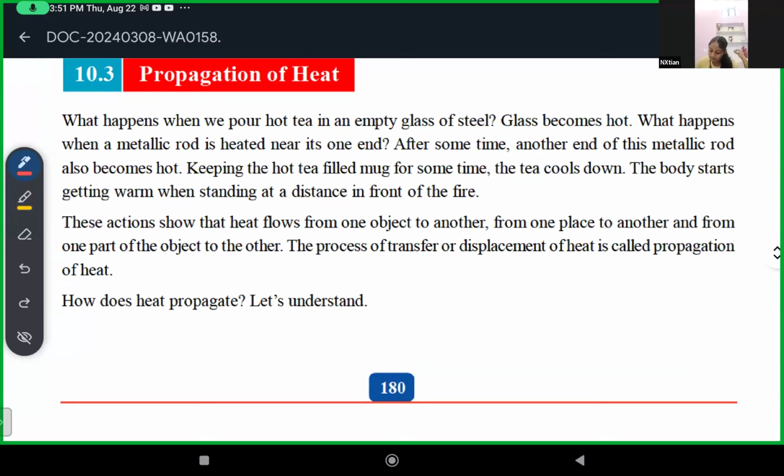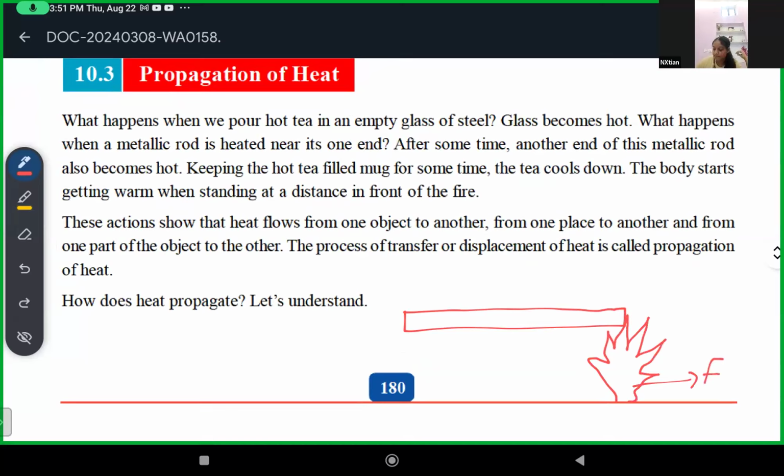Suppose I have a metallic rod here, and this is one end of it. I'm heating it from this end. This is fire. Now, slowly, when you're constantly heating it, it starts getting heated up from the other end also.